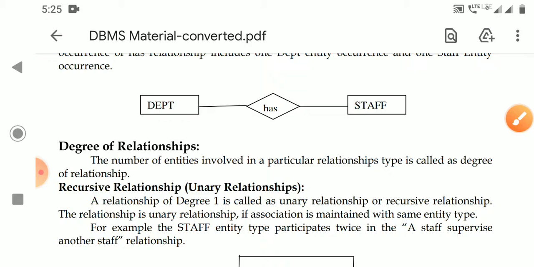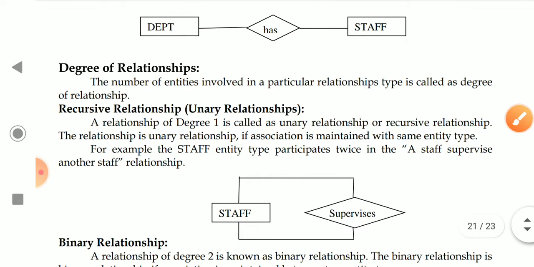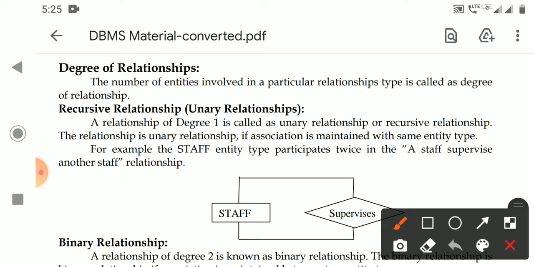The number of entities involved in a particular relationship is called the degree of the relationship. In the ER model, you have identified up to three degrees: unary, binary, ternary. Unary relationship, binary relationship, ternary relationship. So degree 1, degree 2, degree 3.